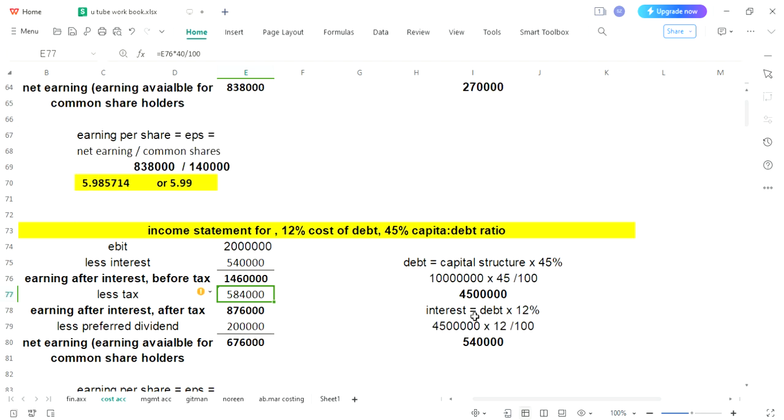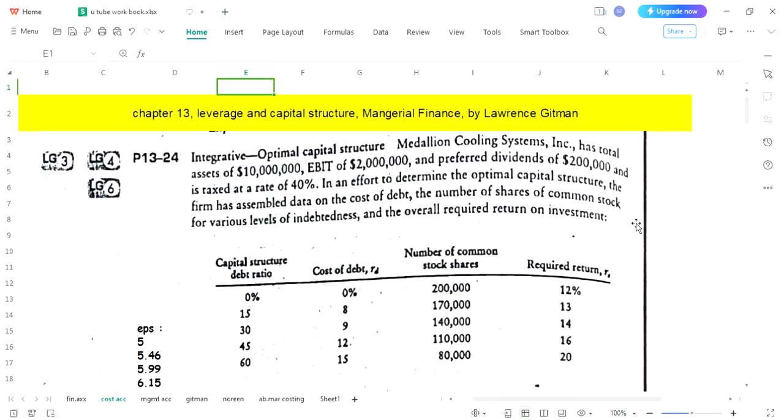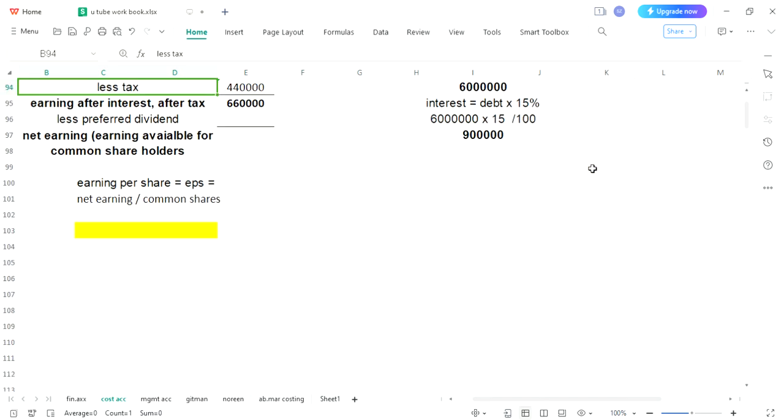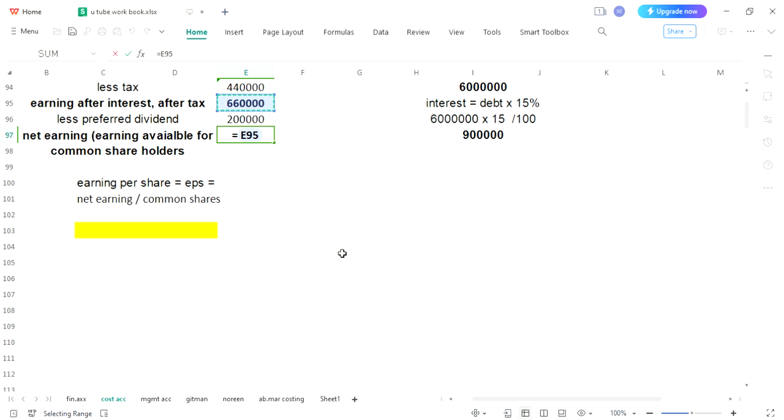Preferred dividend was present over here, that is 2 lakh, and you will put 2 lakh in place of preferred dividend. At this stage we are now able to calculate our earning available for common shareholders by subtracting preferred dividend from previous income. 6,60,000 was previous income, and you will subtract your preferred dividend 2 lakh.